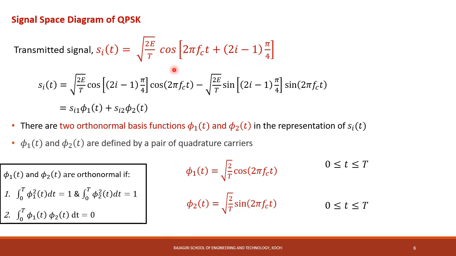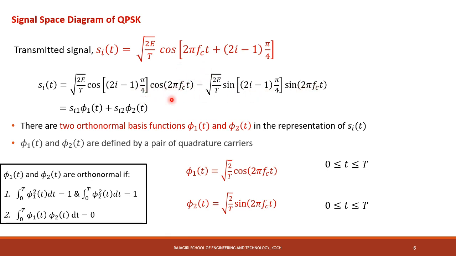By applying the trigonometric formula for cos of a plus b, we can simplify this expression as si of t is equal to root of 2E by T cos of (2i minus 1) pi by 4 into cos 2 pi fct minus root 2E by T sine of (2i minus 1) pi by 4 into sine 2 pi fct. We are using the formula cos of a plus b is cos a cos b minus sine a sine b.